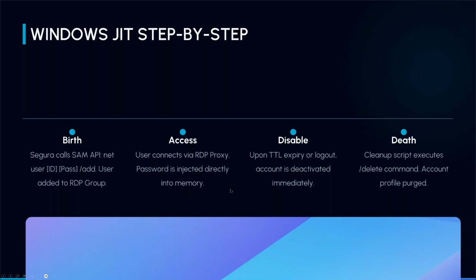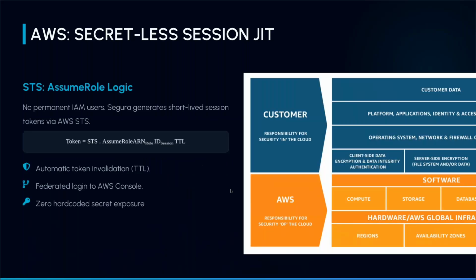Okay, so AWS is something different because, as I said, for AWS we have STS, which you need to configure on AWS IAM. But then you need not create a user. You create a role.